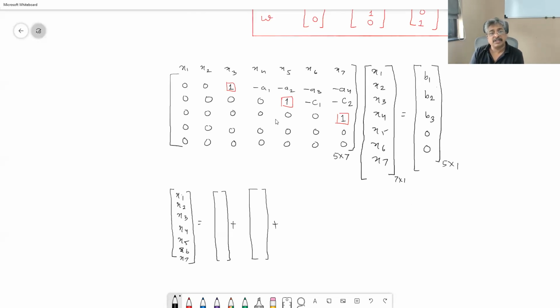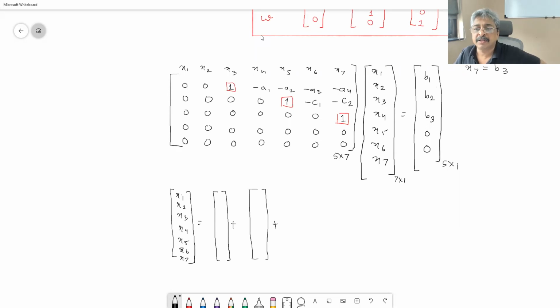Change the constants in the second row, because I have used b1, b2, b3 in the RHS. So these are c1 and c2. x7 is equal to b3.